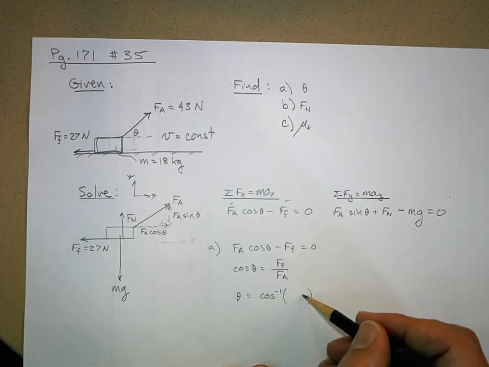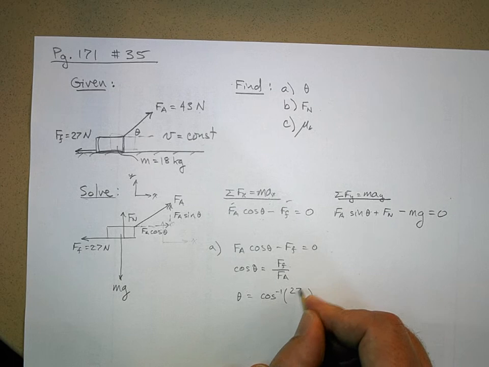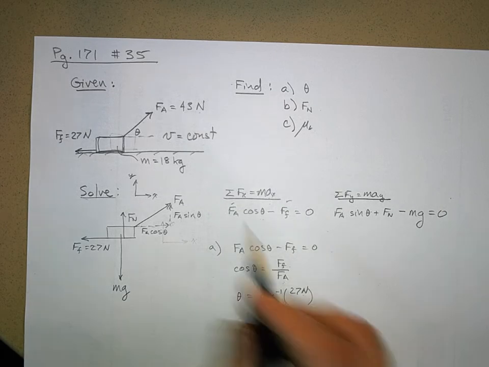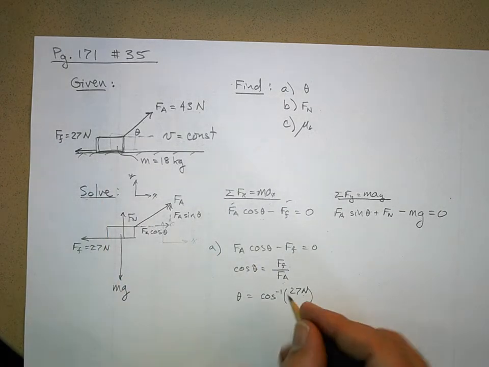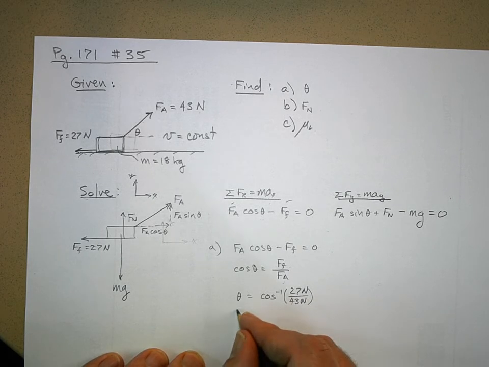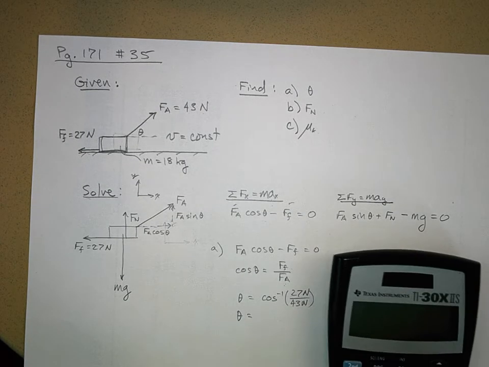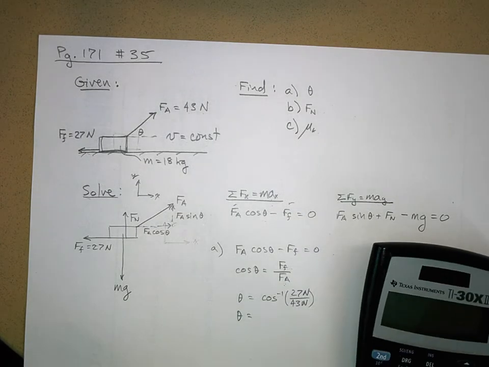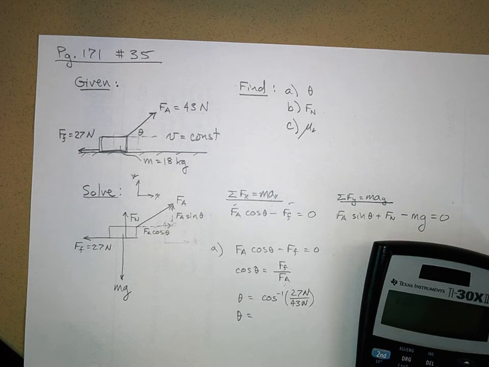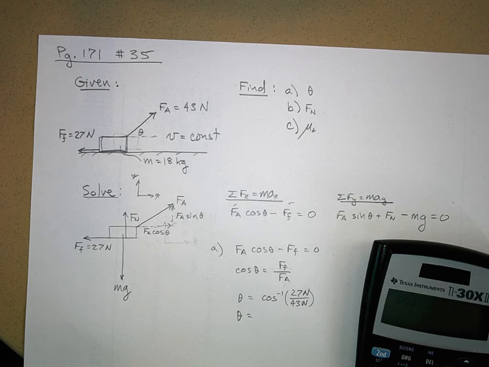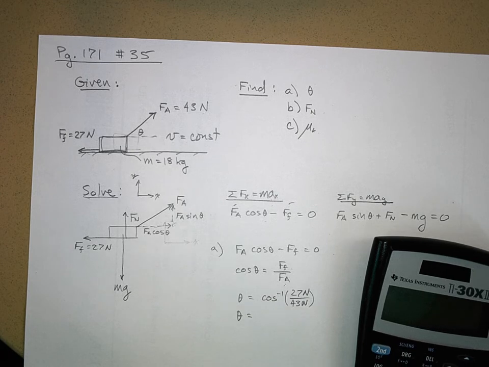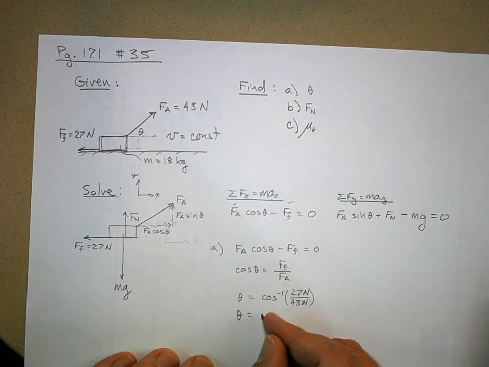The force of friction was given to be 27 newtons, and the applied force was given to be 43 newtons. And so theta will be equal to, get my handy dandy calculator out here, second cosine of 27 divided by 43, close parentheses, I am in degrees, and that's equal to 51.1 degrees.